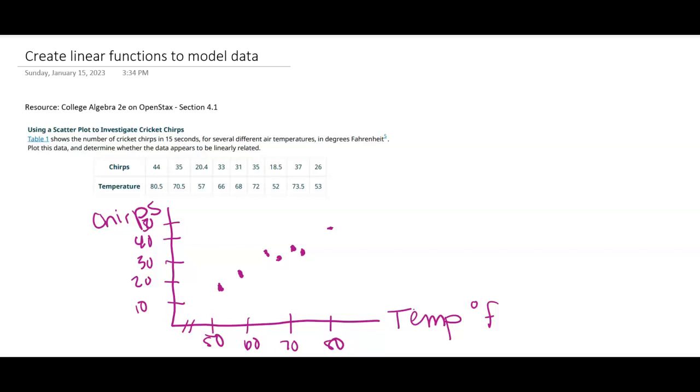Let's see, it's going to be a little bigger and a little higher. It's up here. And then 26 and 53.